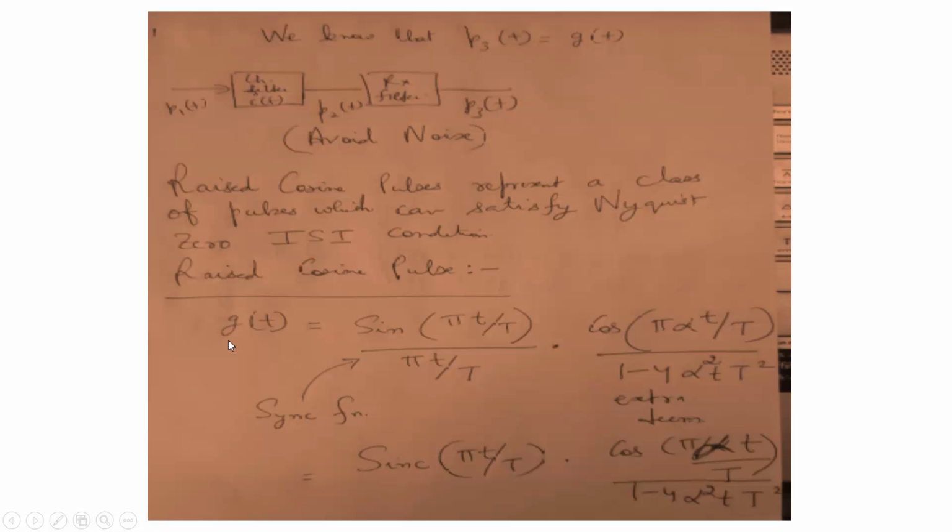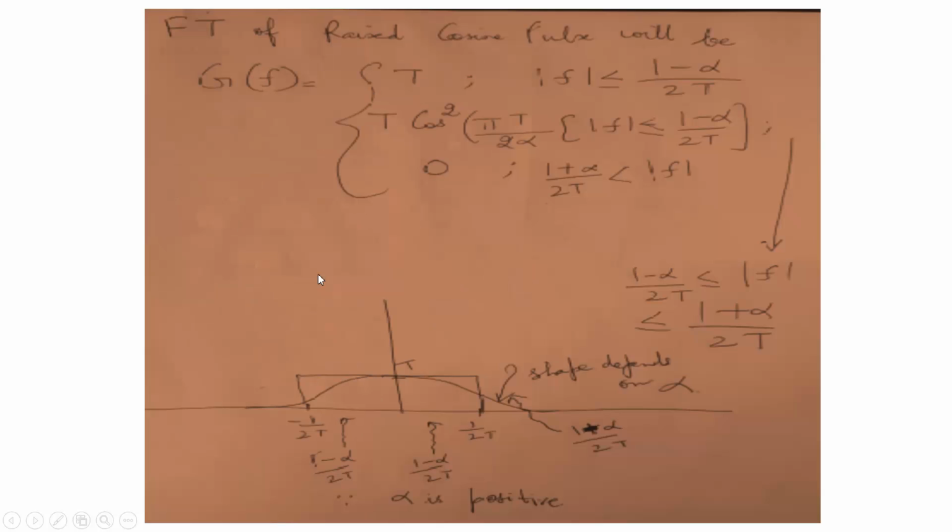They can be represented as g(t) equal to sin(πt/T) divided by (πt/T), so this is the sinc function basically, multiplied by cos(παt/T) divided by 1 minus 4α²t²/T². This is the sinc function, and this is the extra term present in the raised cosine pulses.